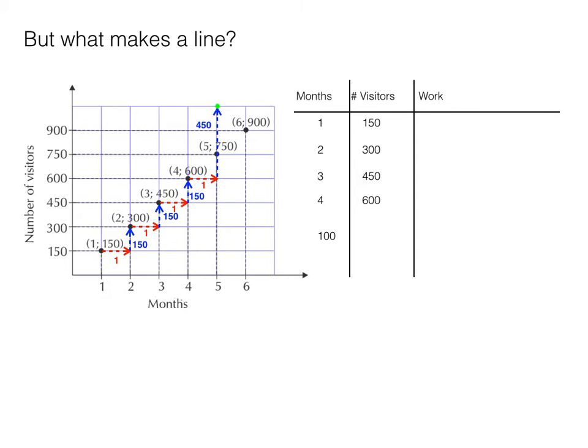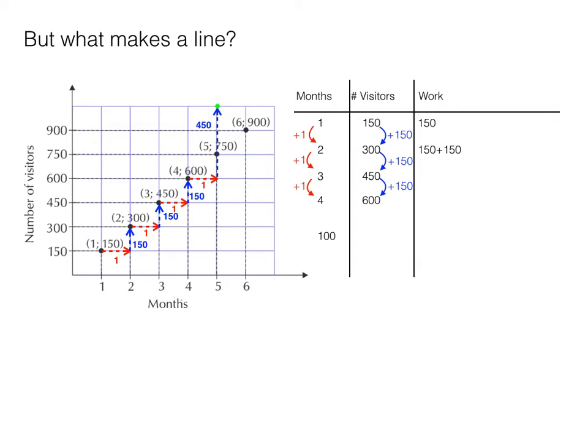How could we figure that out? Well, again, we can look at the pattern that's going on both in the graph and in the table. When we go from 1 to 2, we're going up 1 in the x direction. We're going up 150. We already knew this pattern from looking at the graph, but here it is in the table. We can use that in the work. So we start off with 150, and then we do 150 plus 150 to get us our 300.